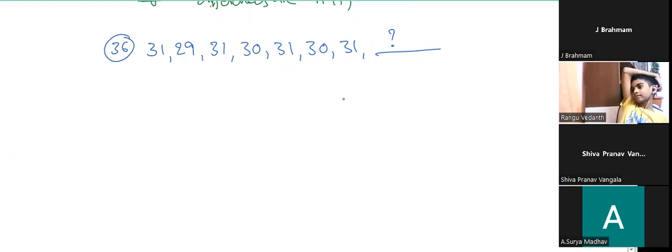Oh, there's one here. Yes. Then what about 29? If it is 30 in place of 29, then there is no problem, right?